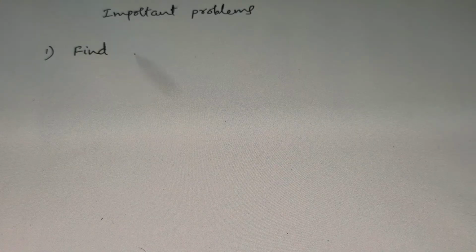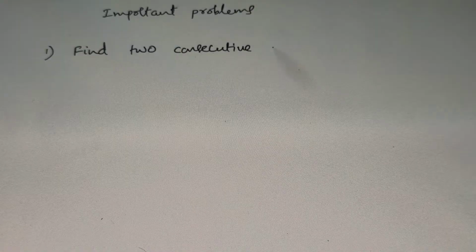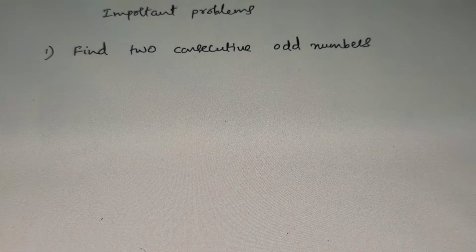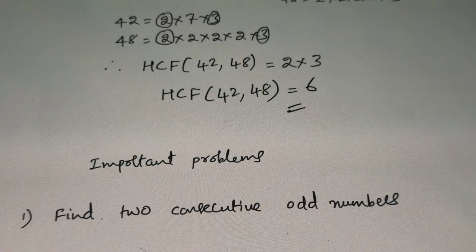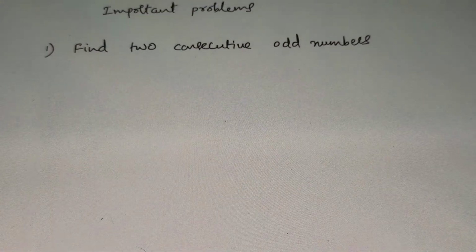Find two consecutive odd numbers whose product is 99.